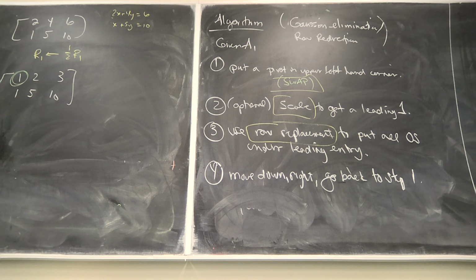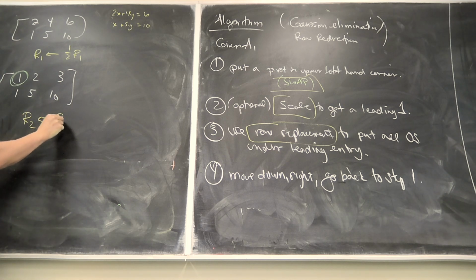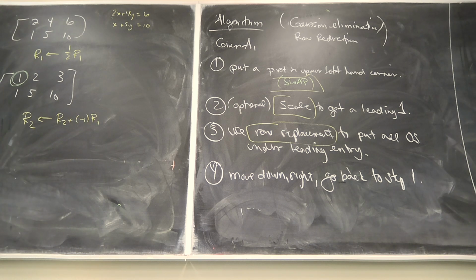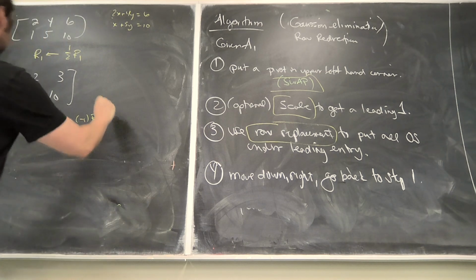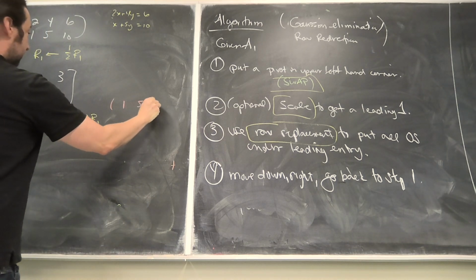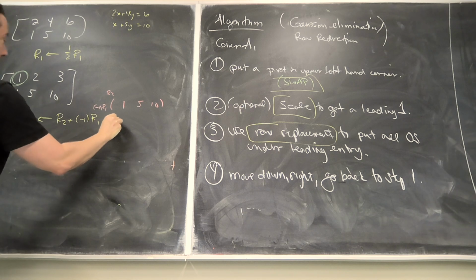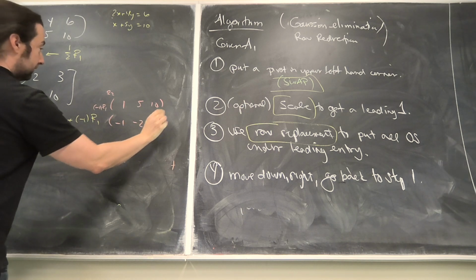Well, there's only one thing underneath it, and I think I can put a 0 there by taking row 2 and replacing it with row 2 plus -1 times row 1. If I wanted to write that out, row 2 is 1, 5, 10. -1 times row 1 is equal to -1, -2, -3.